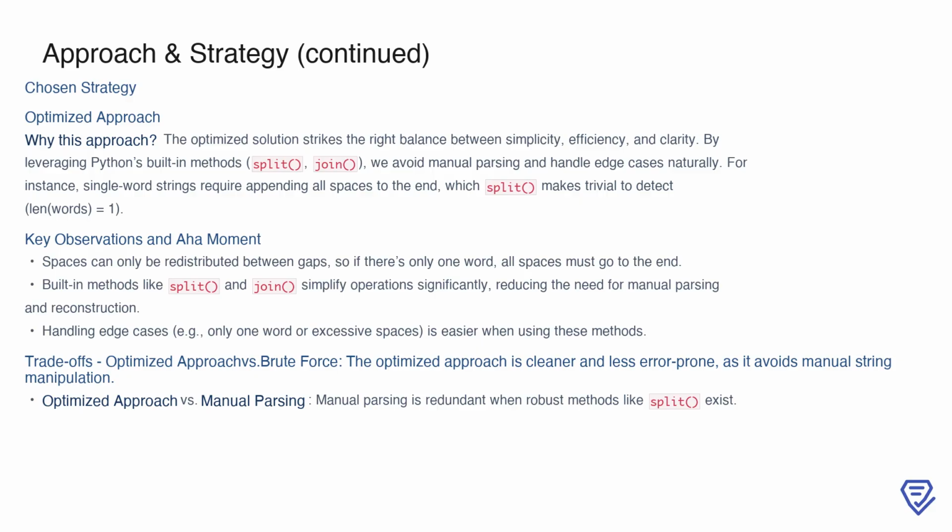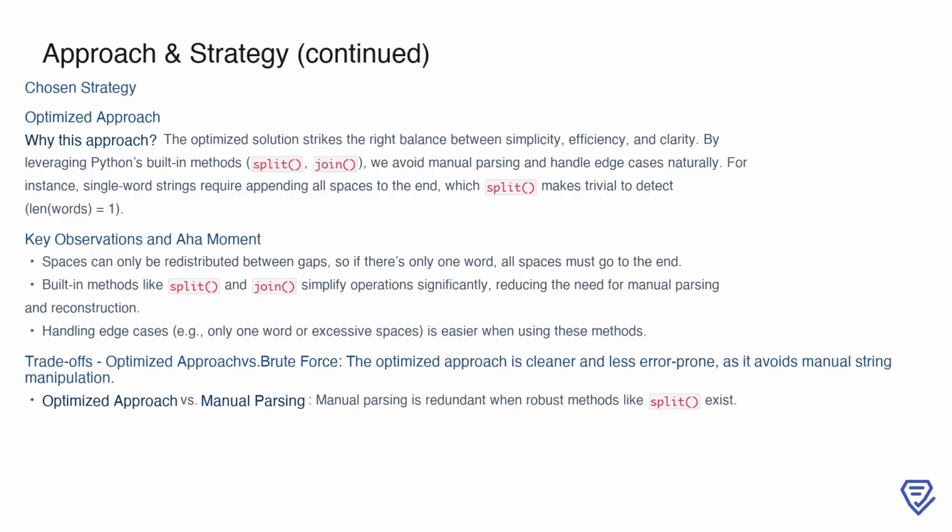It strikes a balance between simplicity, efficiency, and clarity by leveraging Python's built-in methods like split and join. These methods naturally handle edge cases, such as strings with only one word, where all spaces must be appended to the end. For example, if there's only one word, the length of the words list will be 1, making it easy to detect this case and avoid unnecessary calculations.